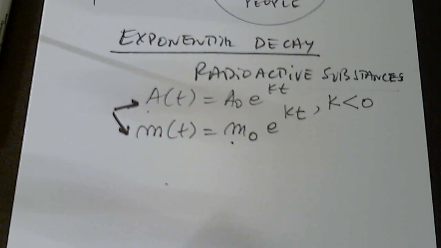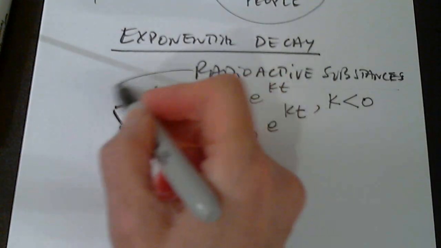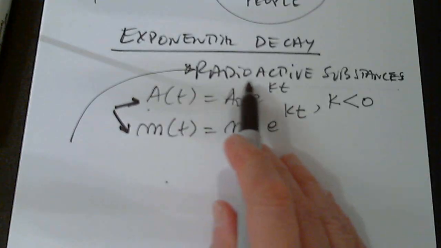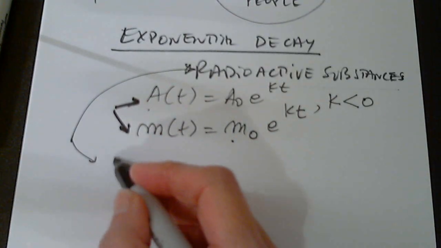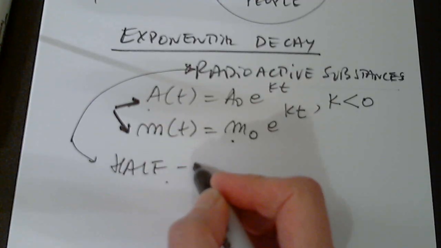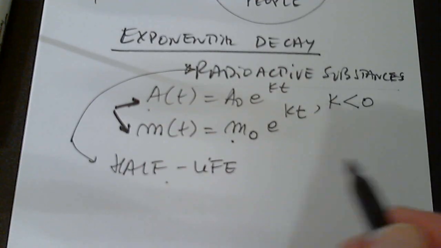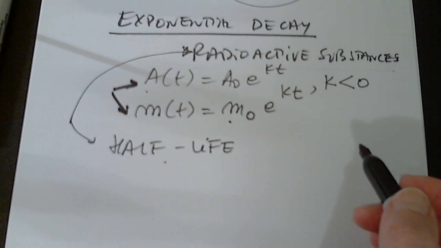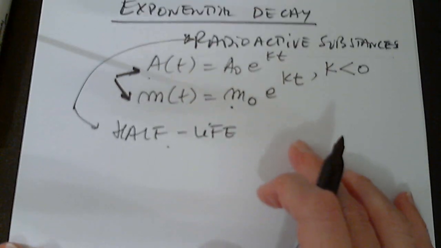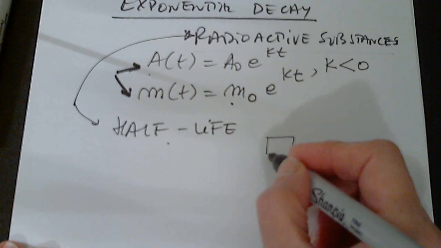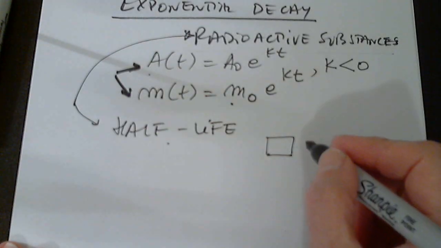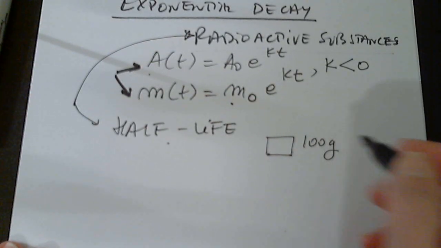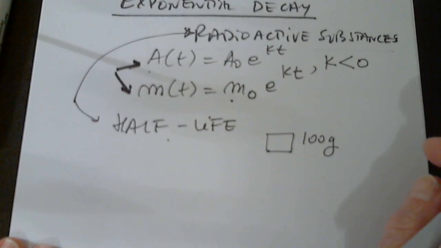Okay, now, one property of the radioactive substances is something called half-life. What does it mean? Let's suppose we have in this container 100 grams of some radioactive substance.